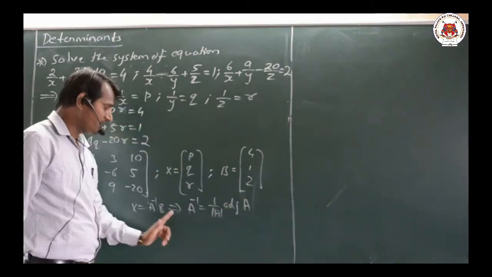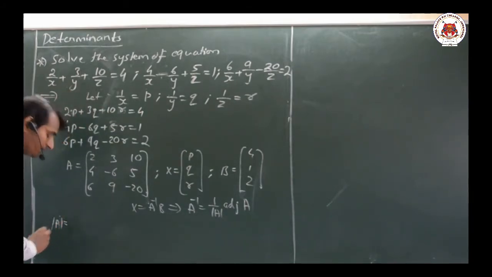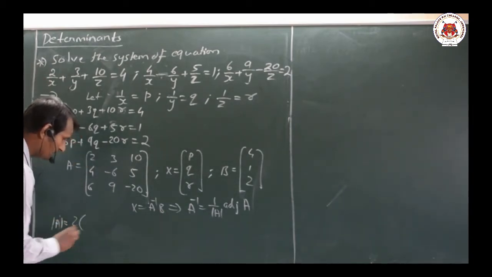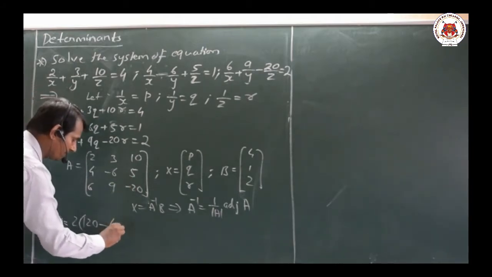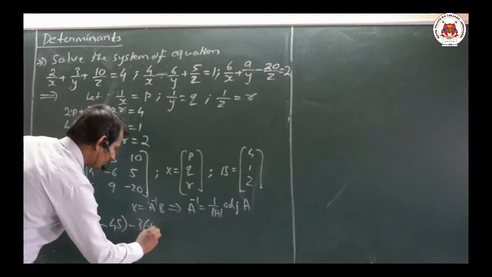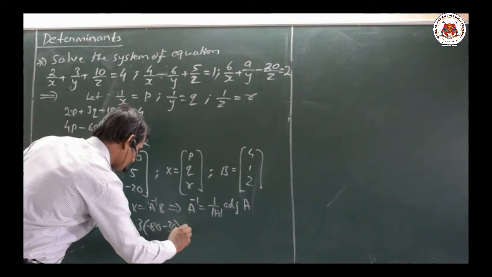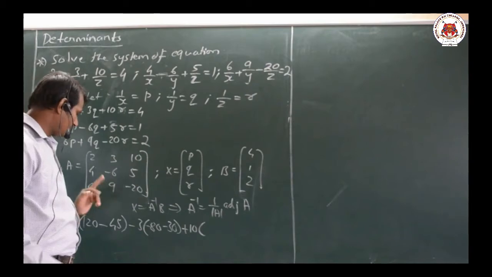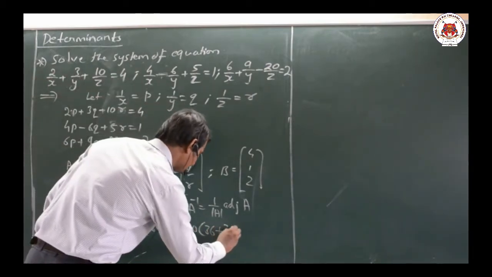That means I will find the determinant of A. Determinant of A equals 2 into (120 minus 45), minus 3 into (minus 80 minus 30), plus 10 into (36 plus 36).